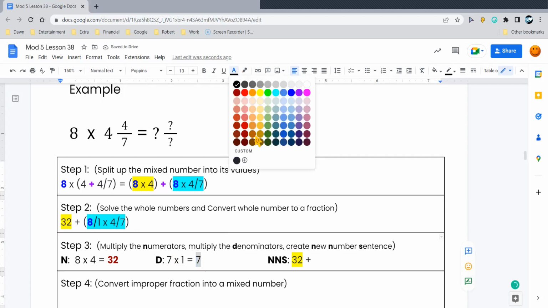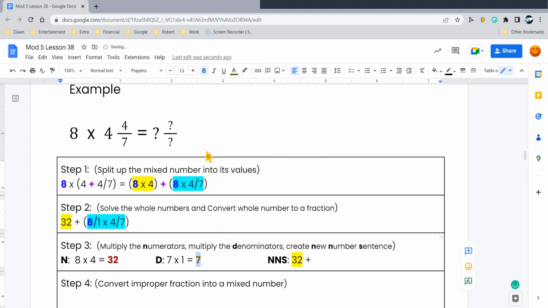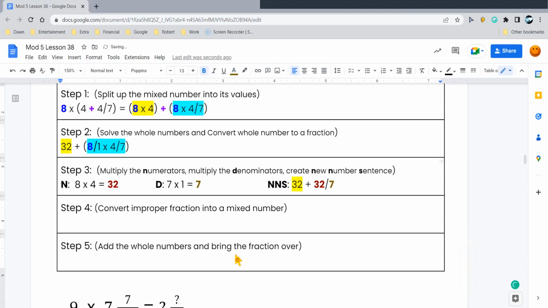I'm using these colors for you guys so you can see where it's coming from. Then I'm going to take 32, put it over here, and then take my 7 and put it right there.